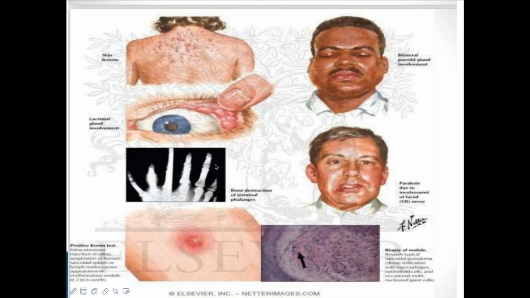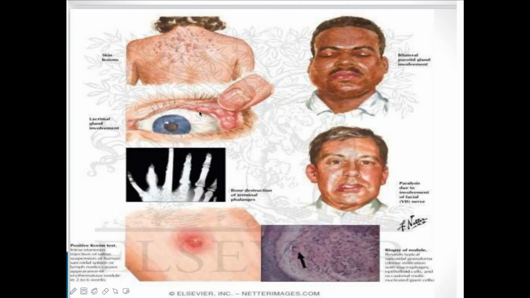So this patient had some skin lesions, obviously at the back. There is a bilateral parotid enlargement. The picture changes, but he also had paralysis due to involvement of the 7th cranial nerve. Facial palsy is there. There is a bone destruction of terminal phalanges.